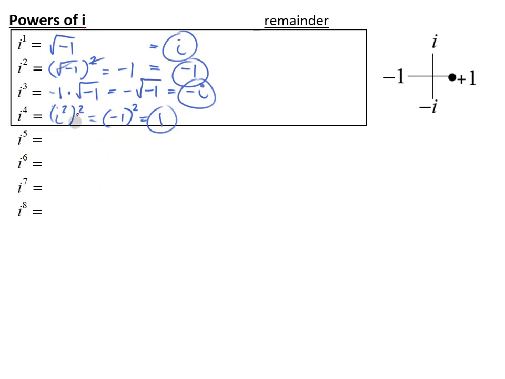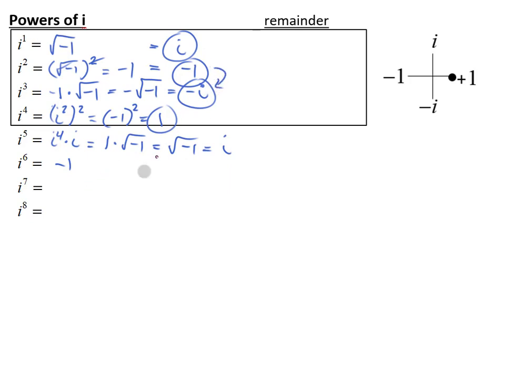And in fact, if you were to continue that pattern, i to the fourth times another i, which is equal to i to the fifth, I could take my answer of 1 and the definition of i, and I just get the square root of -1, or i, back. If I then multiply by another i, we end up getting back -1.